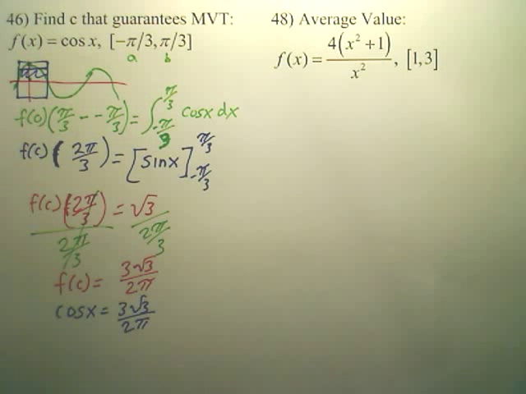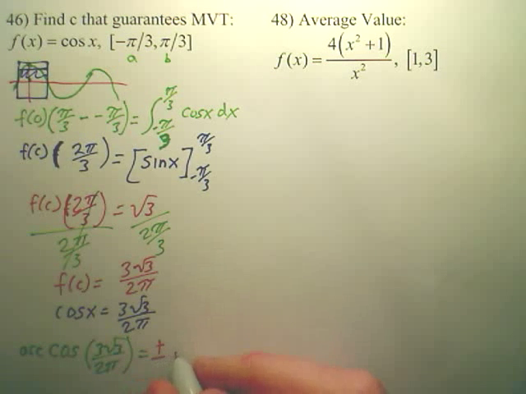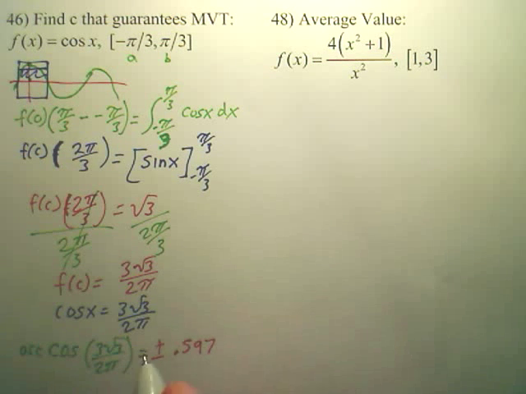And to solve this, your answer will technically be the inverse cosine of this 3 square root 3 over 2 pi. And when you do that, your answer ends up being positive or negative 0.597. That would be your C value. I know it's x here, but it's your C value. It's the x value that gives you a certain height.